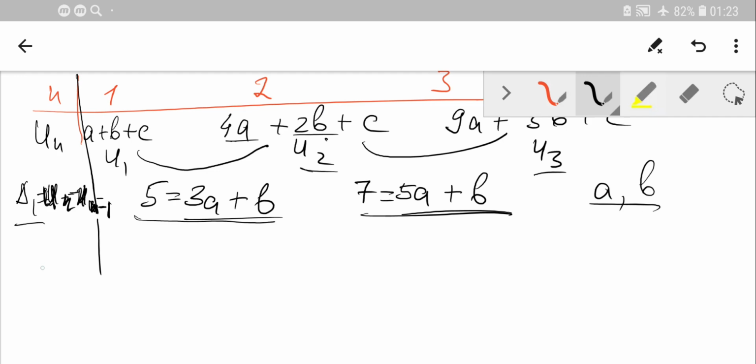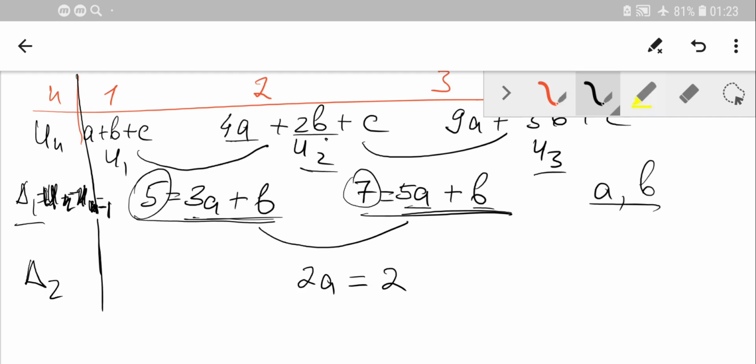Okay, so the second difference is the difference between differences. It's basically 5a plus b minus 3a plus b. We're left with 2a, and b will be cancelled. On the right side, there should be 7 minus 5, which gives us 2.